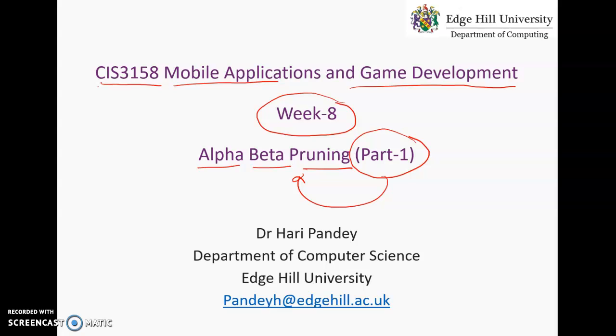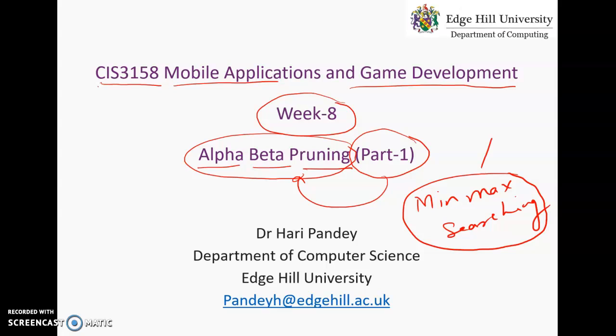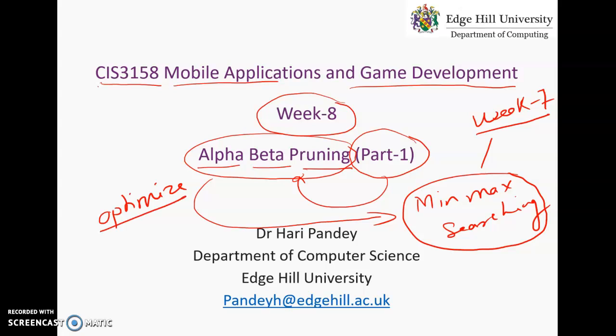Basically, in this session we are going to discuss alpha beta pruning, which is one of the optimization techniques for minimax searching. We discussed minimax in the last week, that is in week number 7, and alpha beta pruning is a technique to optimize minimax searching.